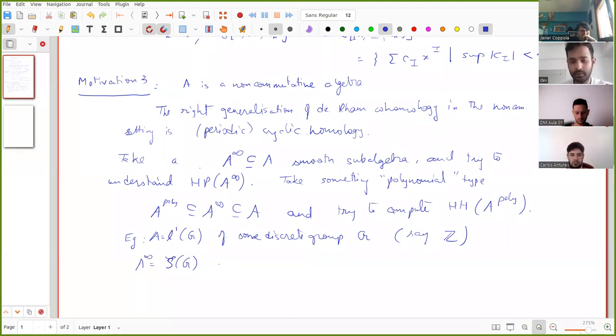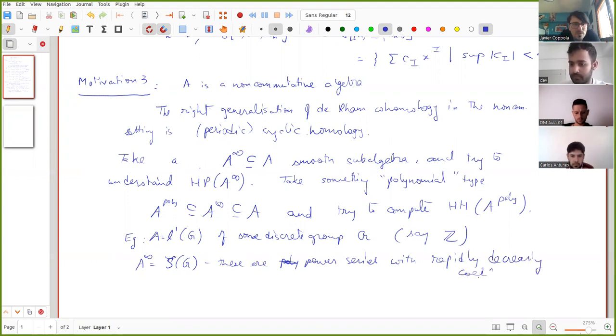So these are, let's say, power series with rapidly decreasing coefficients. Okay, so you might have some hope of understanding this smooth algebra, but not really.